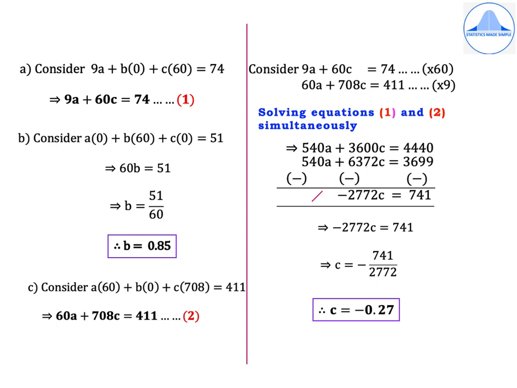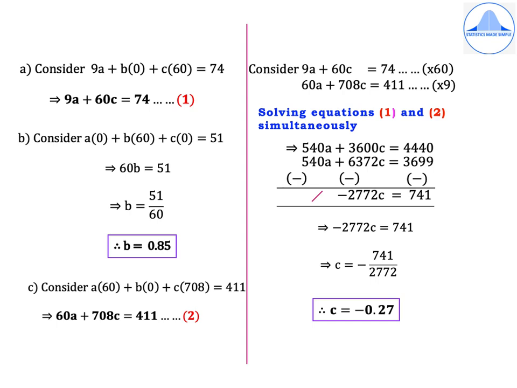The second normal equation is a into 0 plus b into 60 plus c into 0 is equal to 51, which implies 60b is equal to 51, which implies b equal to 51 divided by 60, or you get b equal to 0.85. The third normal equation is a into 60 plus b into 0 plus c into 708 equal to 411, which implies 60a plus 708c is equal to 411, which I mark as equation 2.